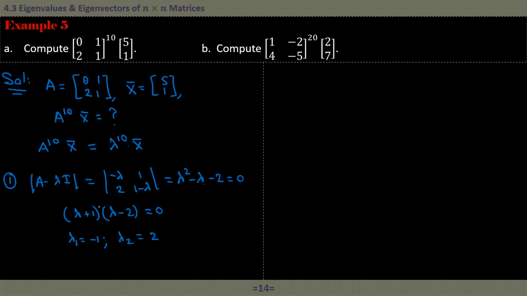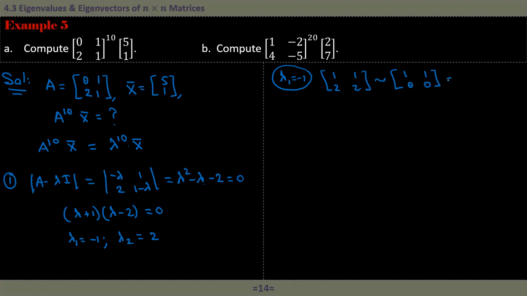So now let's find the corresponding eigenvectors. When lambda 1 equals negative 1, we need to reduce this matrix. Substituting minus 1, we have [1, 1; 2, 1 minus minus 1, that's equal to 2]. The reduced row echelon form is obtained by multiplying the first row by negative 2 and adding it to the second row, so we have [1, 1; 0, 0].